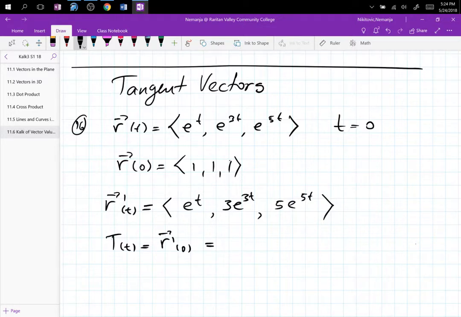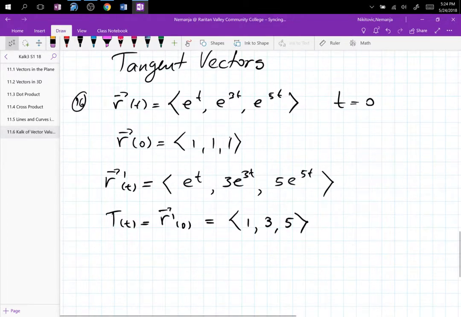So the tangent vector is going to be 1, 3, and 5. So that's the tangent vector. So now that I have a tangent vector, what else do I need to do? No, that's it. Just find the tangent vector.